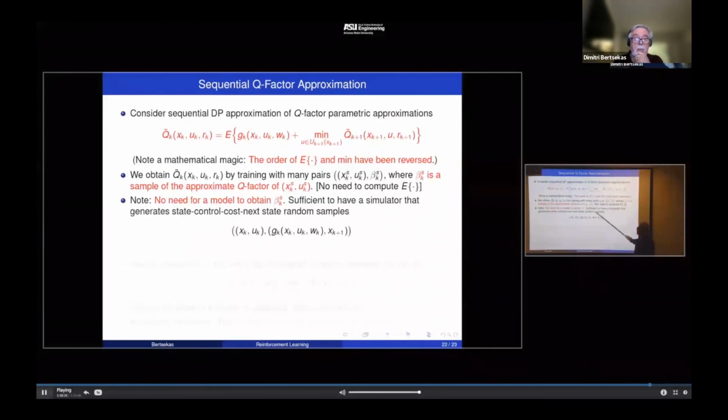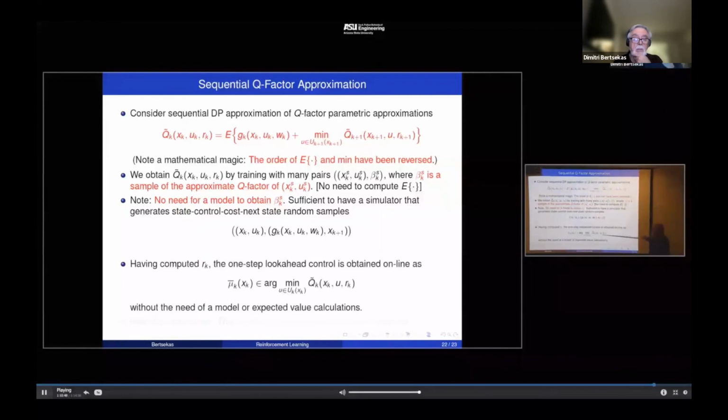So a simulator will work, and you don't need to have a model in the sense that you don't need the probability distributions of w_k, explicit analytical formulas for that. The simulator to generate samples is sufficient. So this is a model-free algorithm, and it may involve neural networks, or it may involve linear feature-based architectures.